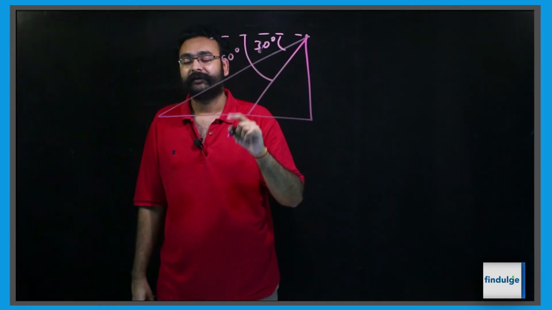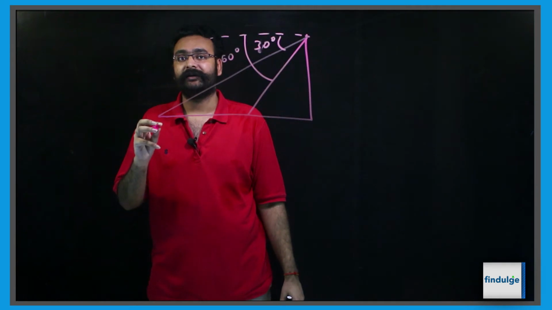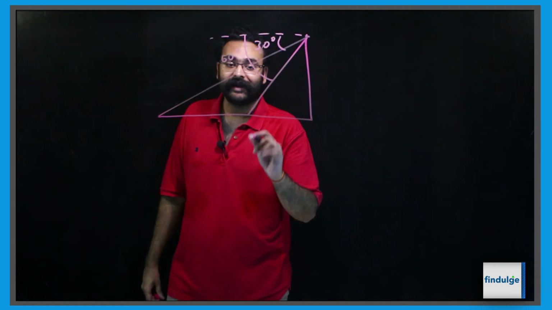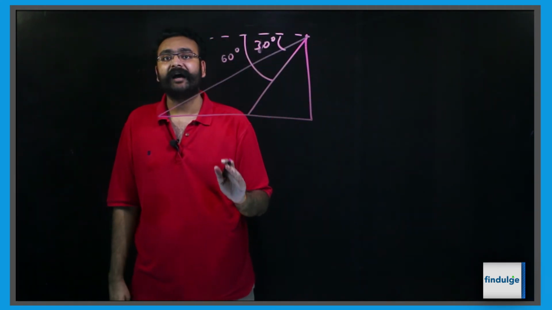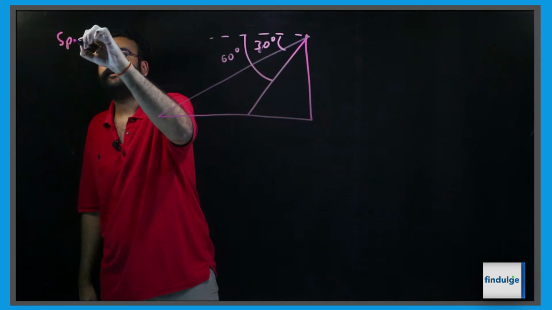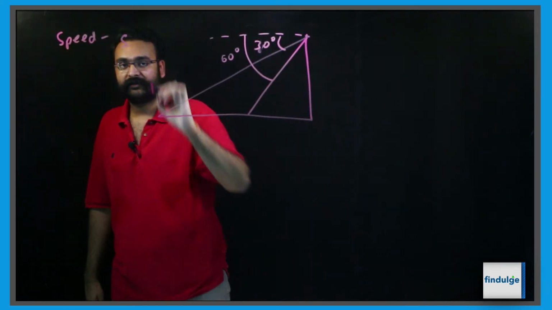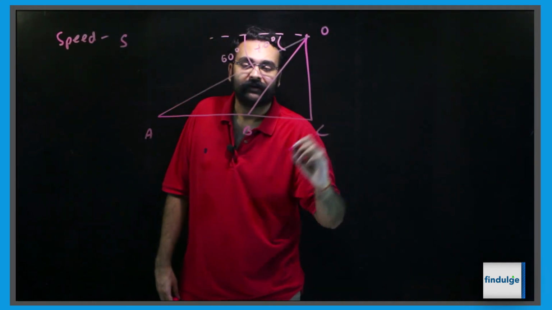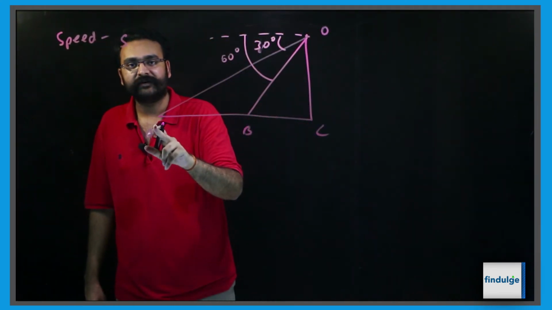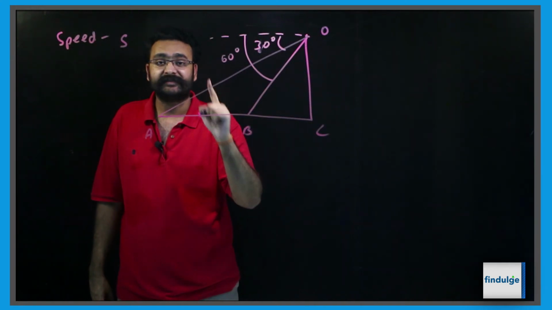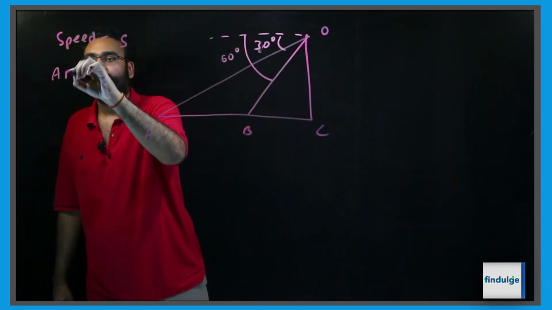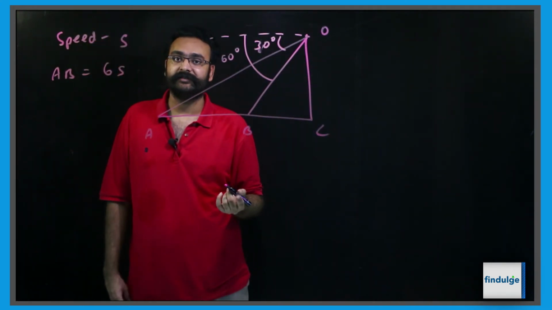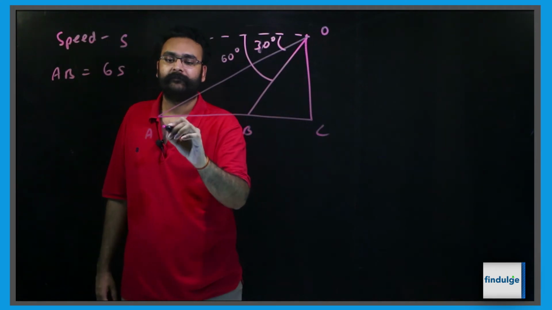If you remember, distance is nothing but speed into time. And so let us assume that the car is moving at a speed s. Then the distance it covers from A to B in 6 seconds is 6s, because distance is speed into time.